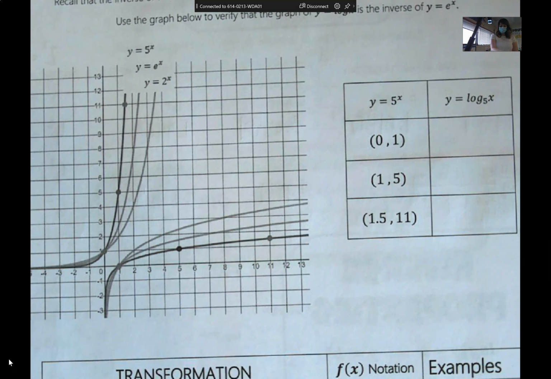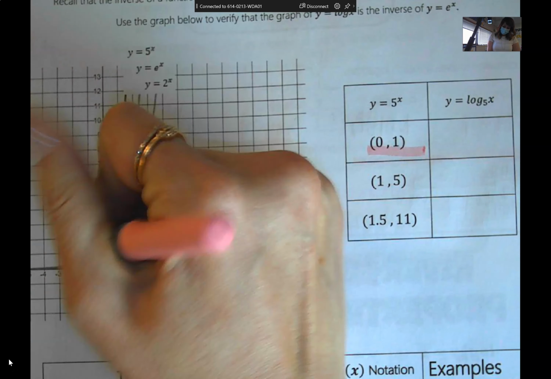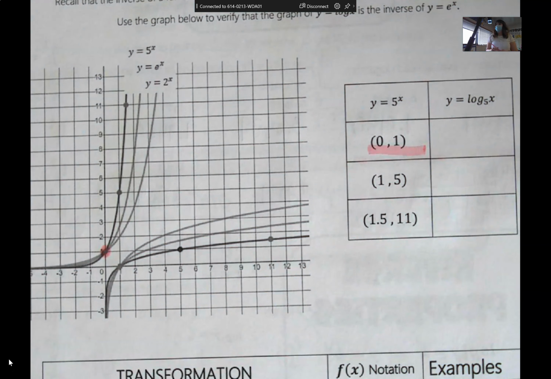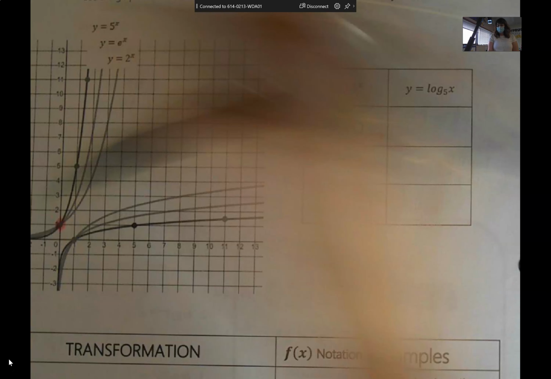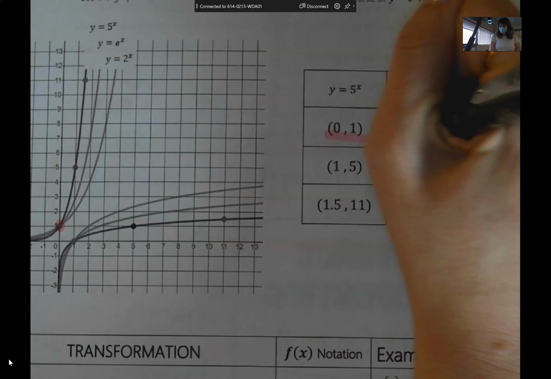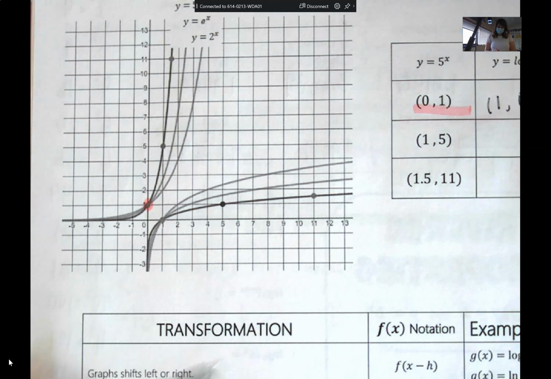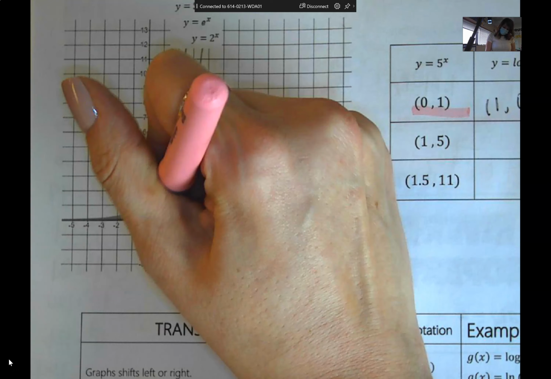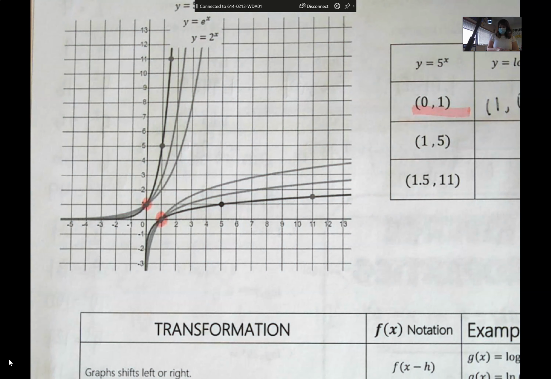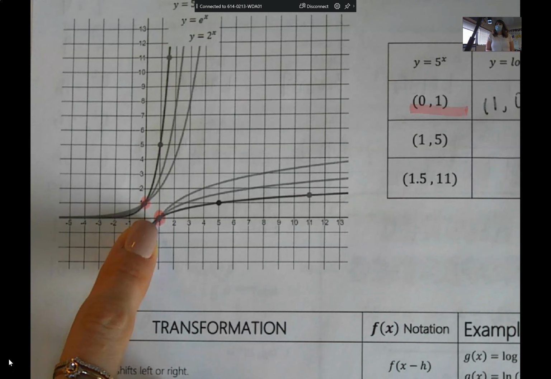For this first point, (0, 1), if we wanted to know what it would look like as a log, all you have to do is switch those values. So instead of (0, 1), we would have (1, 0). And it is very close to the other point on the graph. So this first one is the exponent, and this second one is the logarithm.